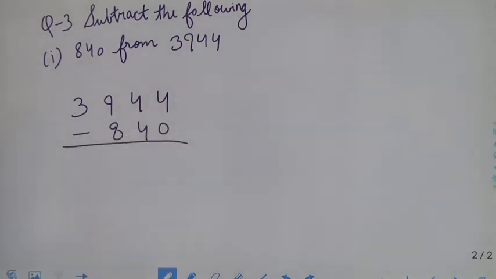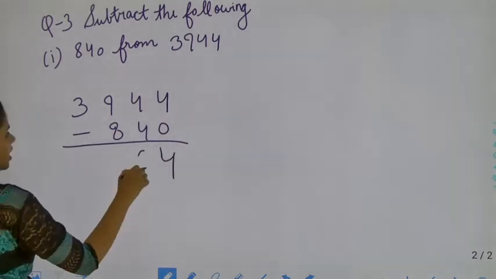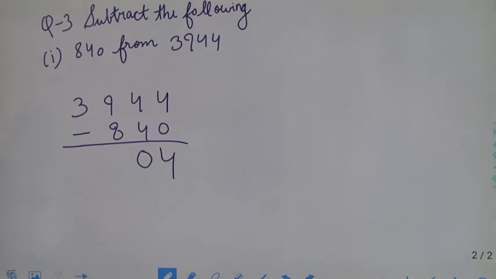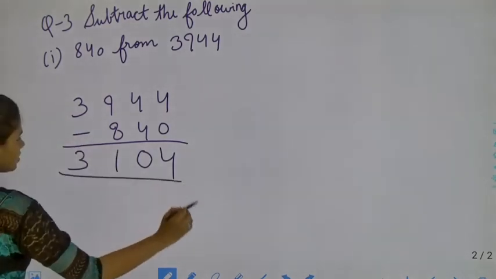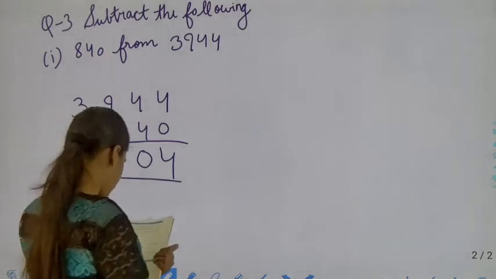Four minus 0, it will be 4. 4 minus 4, it will be 0. 9 minus 8, it will be 1. And 3 as it is. Now move to the second part.